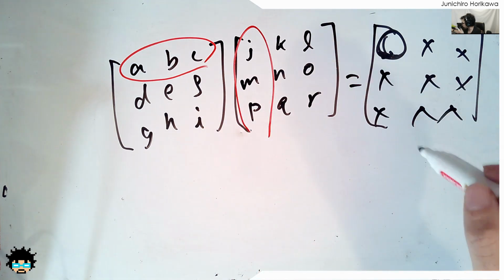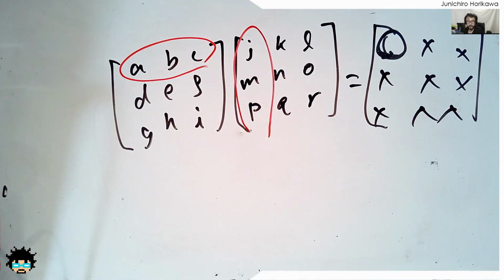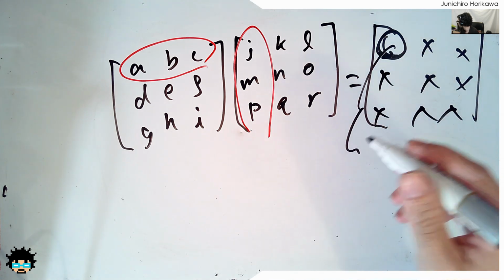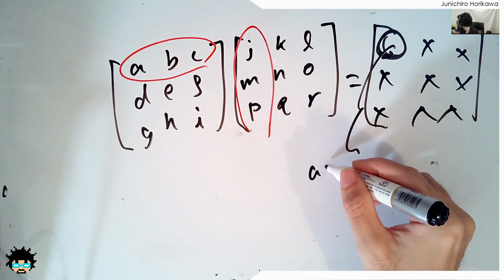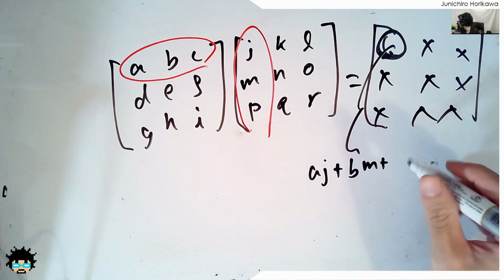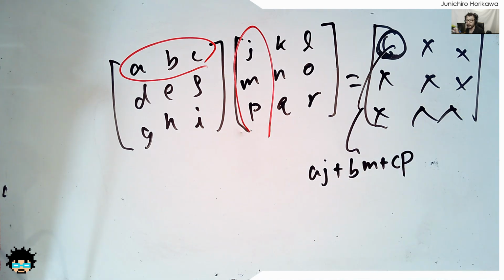And do the same for all these values. Now in this case, the first value, this one, is going to be AJ plus BM plus CP, right?